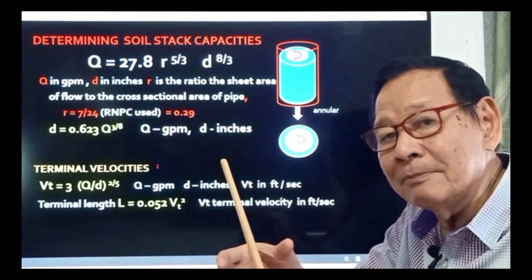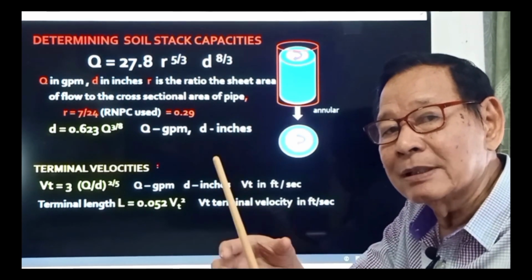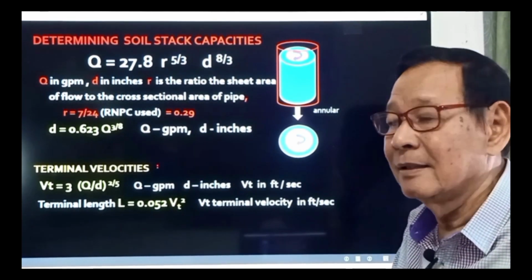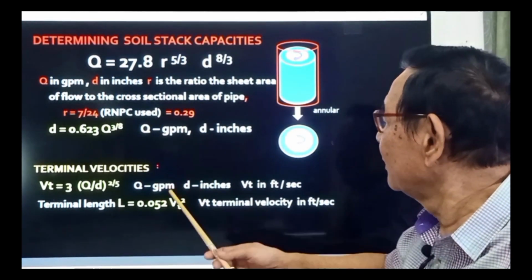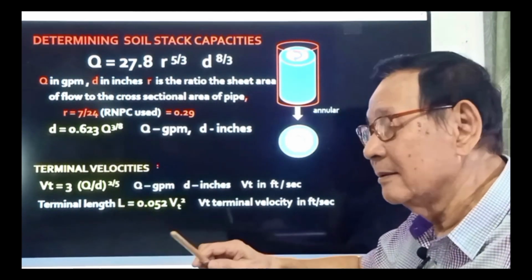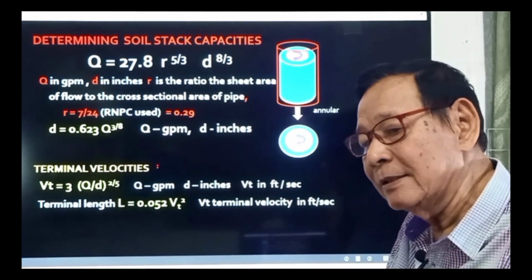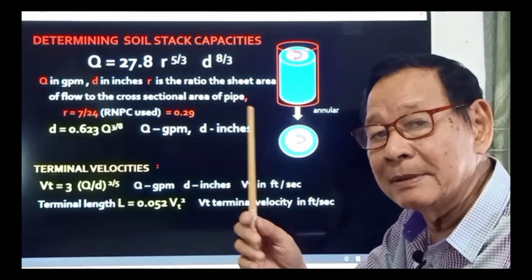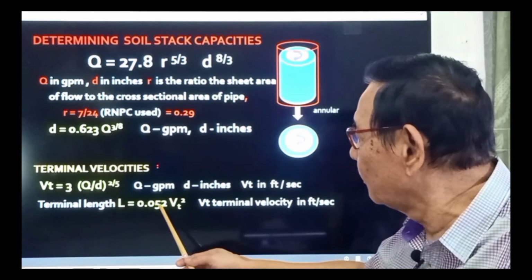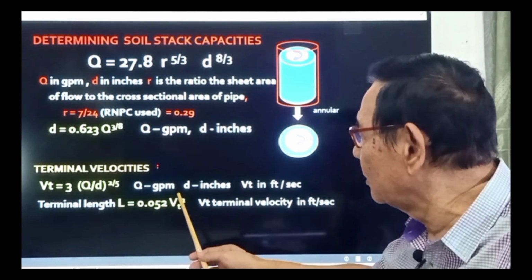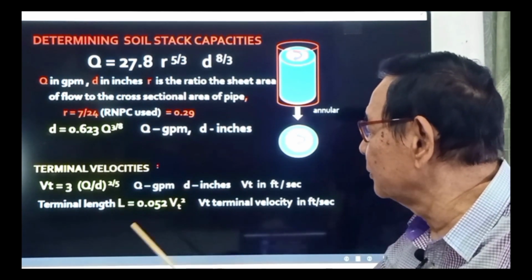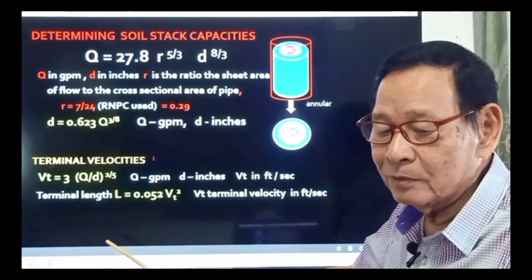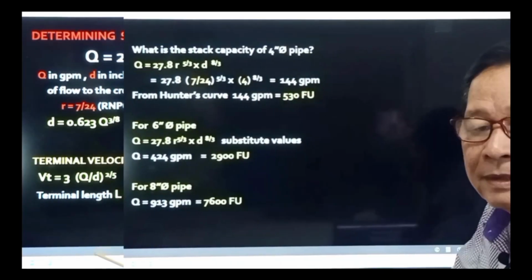So the terminal velocity is somewhere like 15 to 18 feet per second. And the terminal length, it drops somewhere like 15 feet that forms this annular sheet, that is the terminal length, equal to 0.52 times the terminal velocity squared. So this we have to know. We have to compute this one.